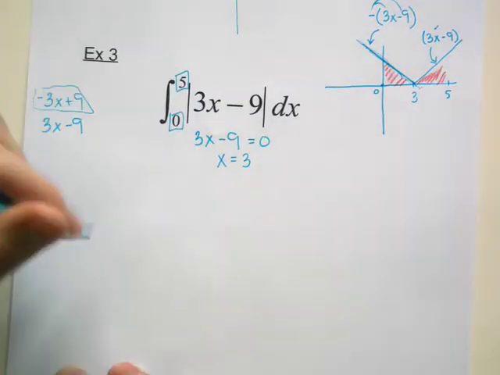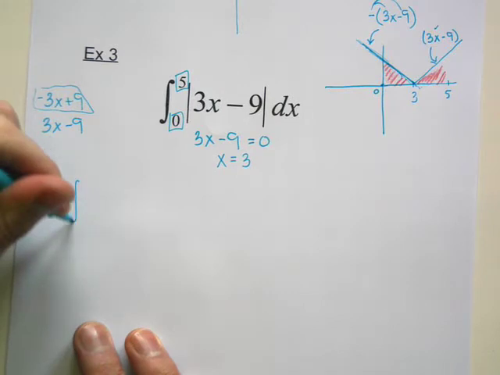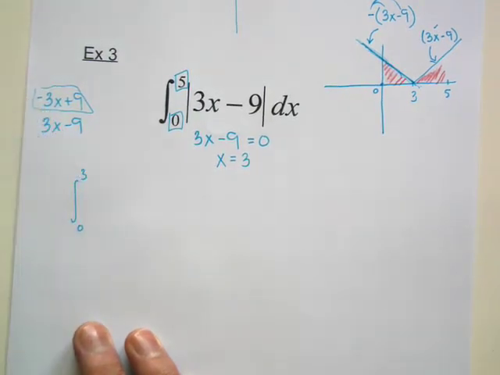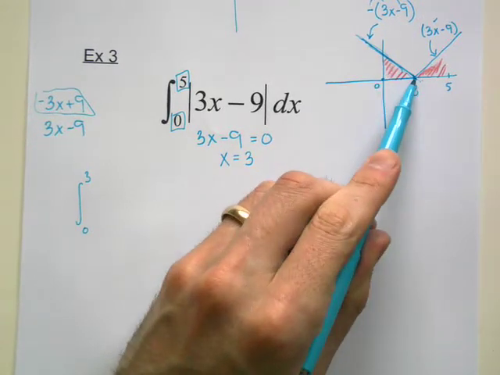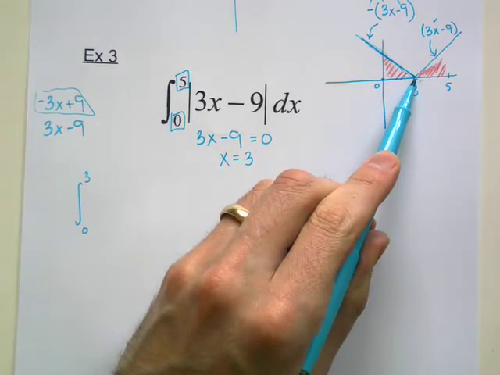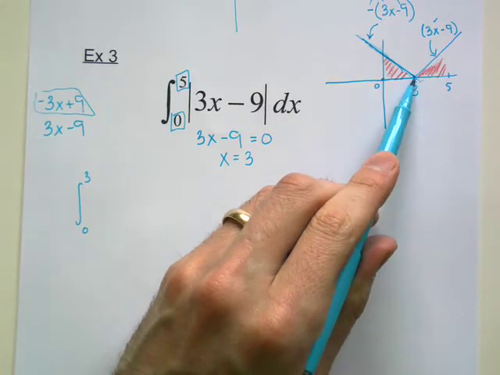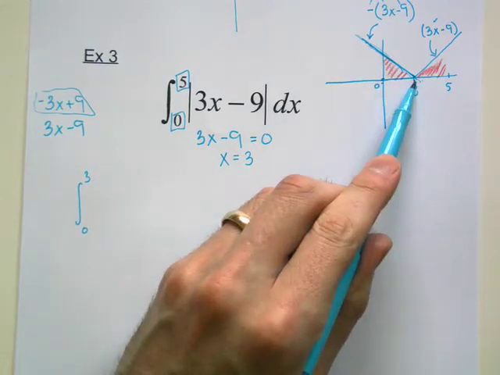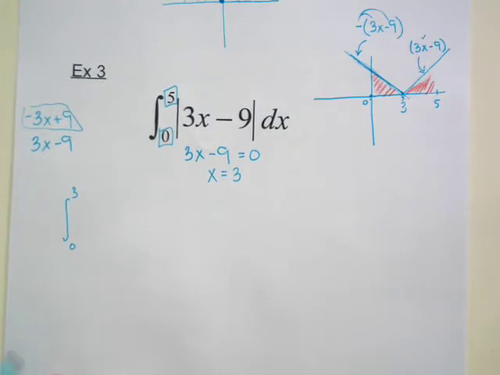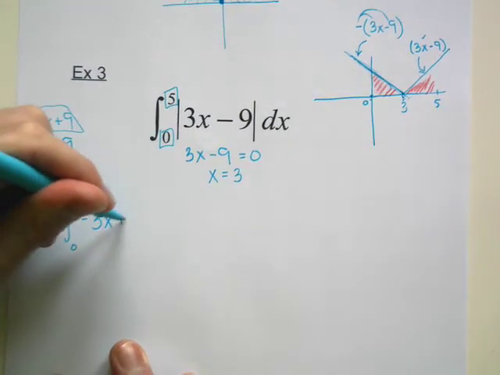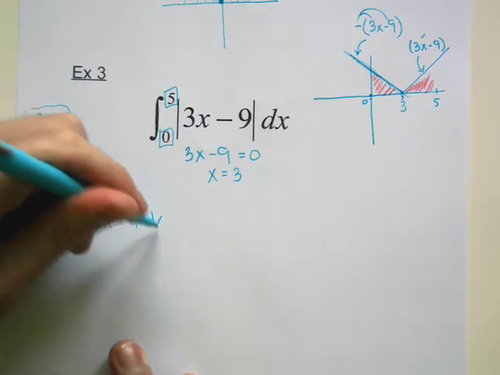We want to find the area under the curve of this first piece, which is right here. So I'm going to go from 0 to 3, because at 3, it's no longer a negative slope. It becomes a positive slope, so I have to use my other equation. So I'm just going 0 to 3 of negative 3x plus 9 dx.